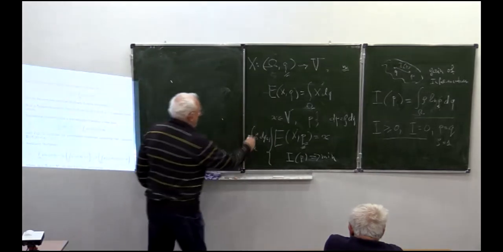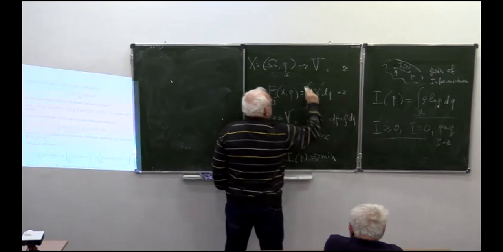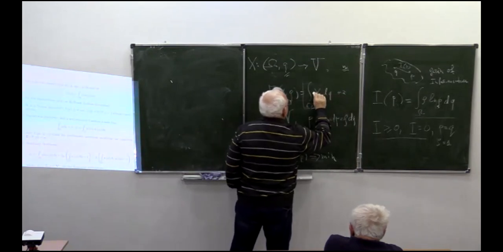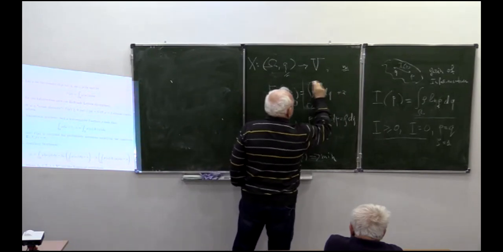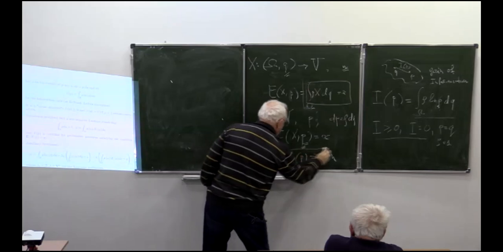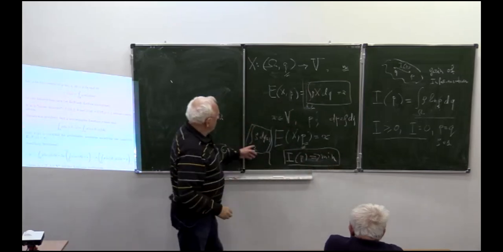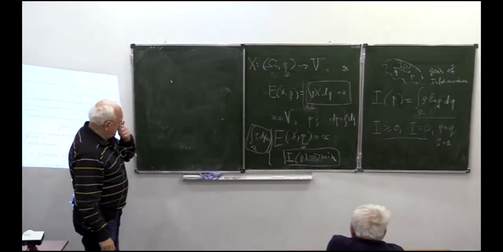So this one condition, another condition, and this is the third condition. So this is two constraints, and we should find minimal of all this.